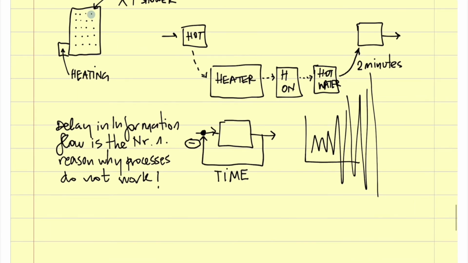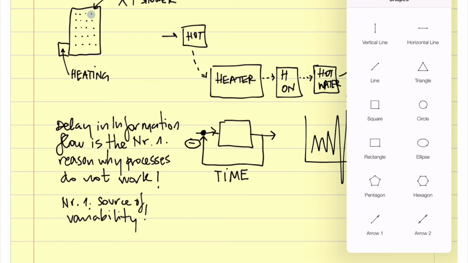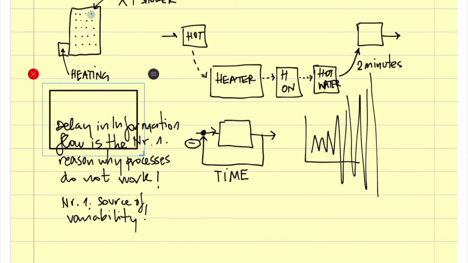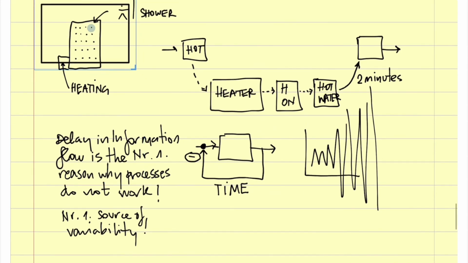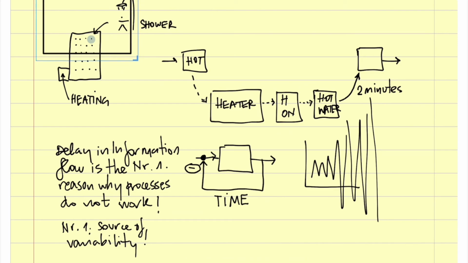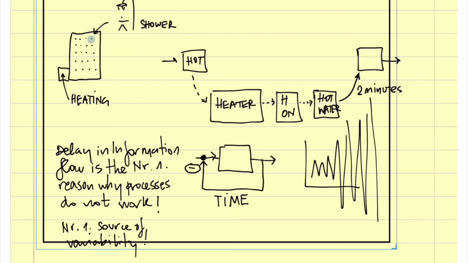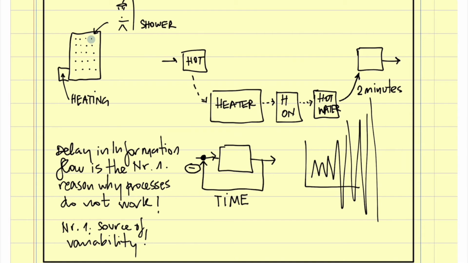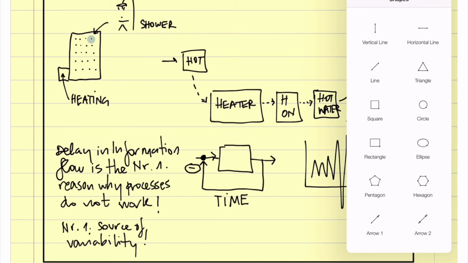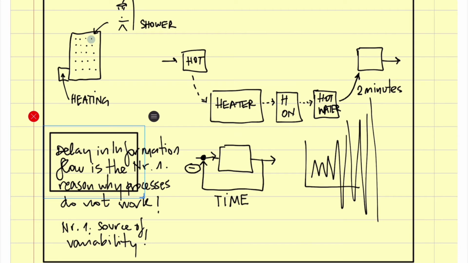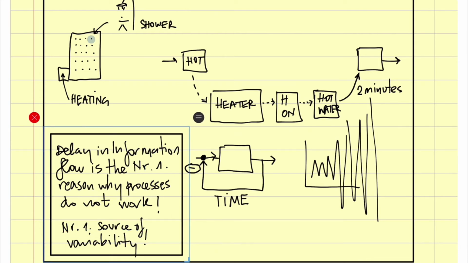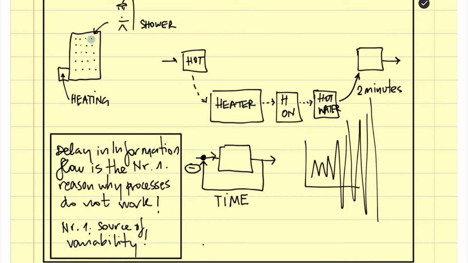Number one source of variability. Always think of a hotel and trying to have a shower. I don't know if you had the experience. I've had it quite often. So the delay in the information flow is the number one reason why things go south. Does it make sense?